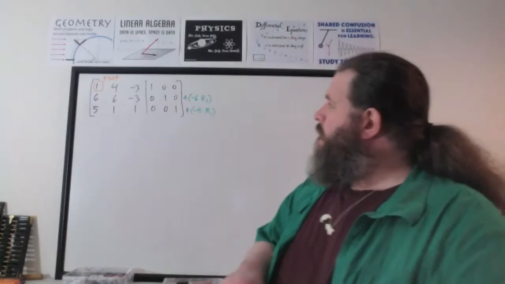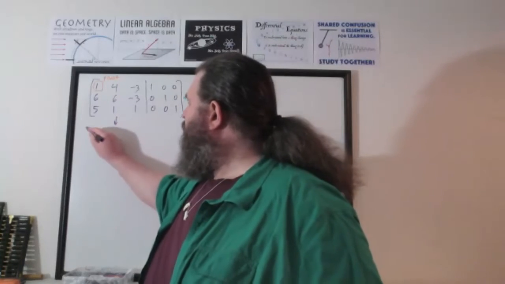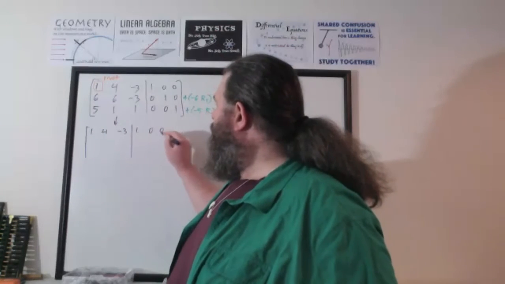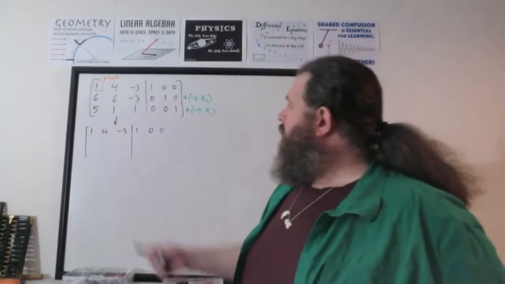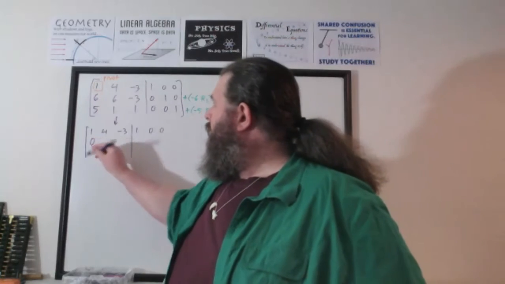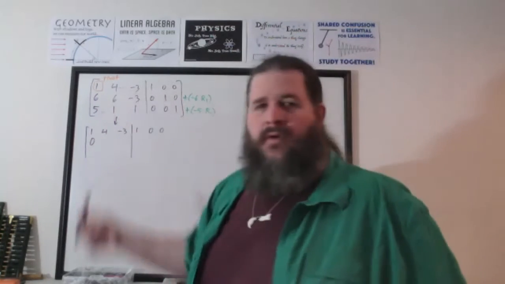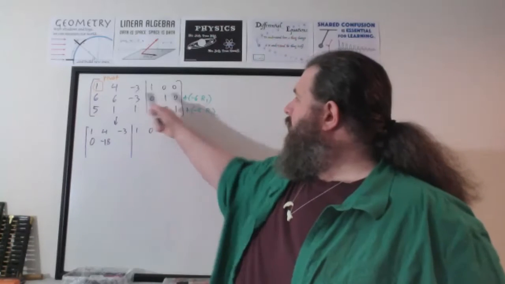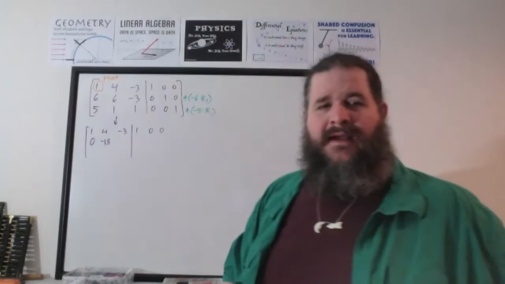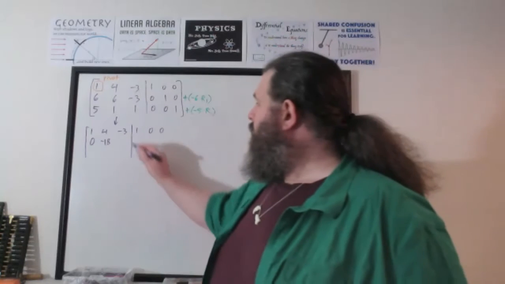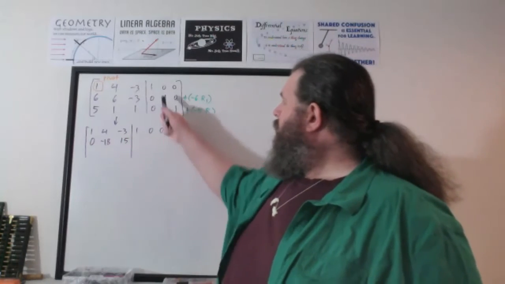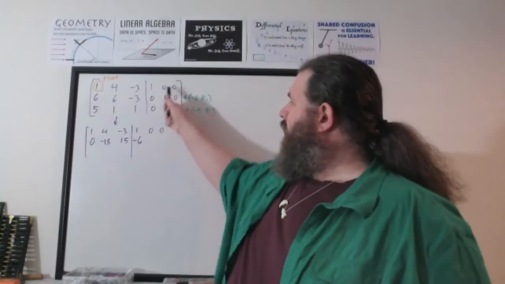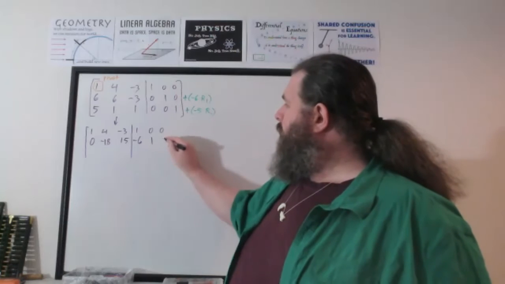So let's see what we get. First row, we're not changing yet. So that's just 1, 4, -3, 1, 0, 0. Second row, we've got 6 minus 6 times 4. So 6 minus 24 is -18. -3 minus 6 times -3 would be -3 plus 18. So that'll be 15. 0 plus -6. 1 plus nothing. 0 plus nothing.